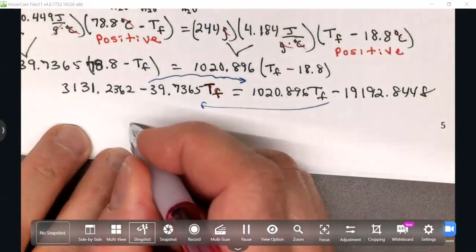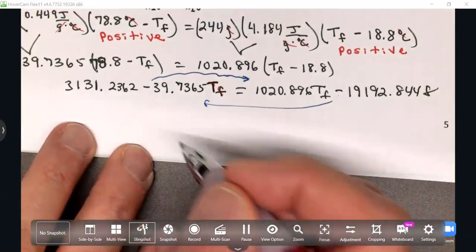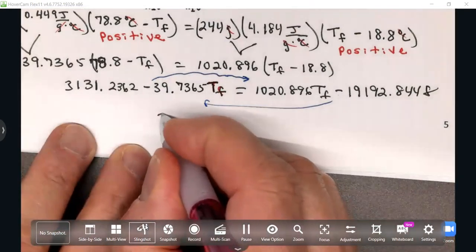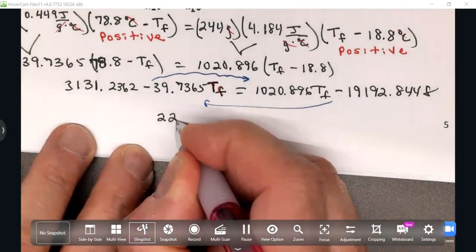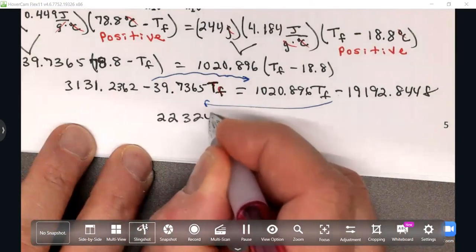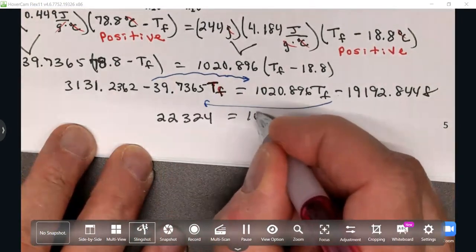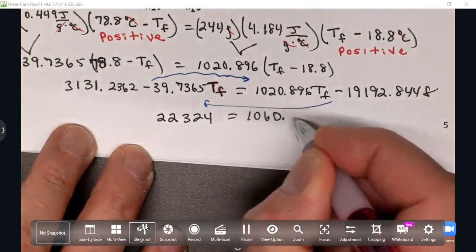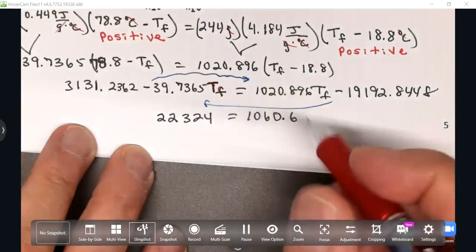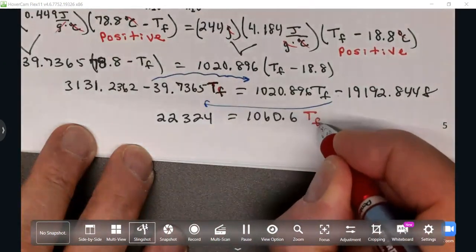So if you do that, we are going to end up with 22,324 equals 1060.6 T final.